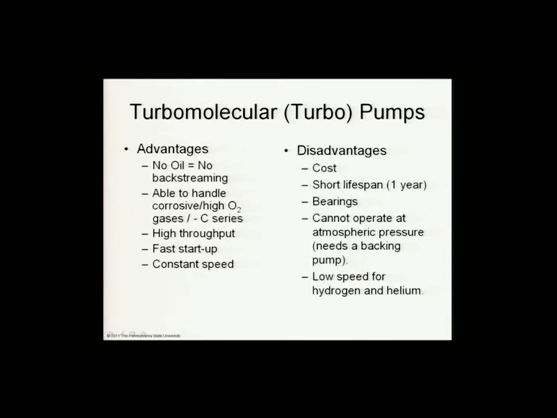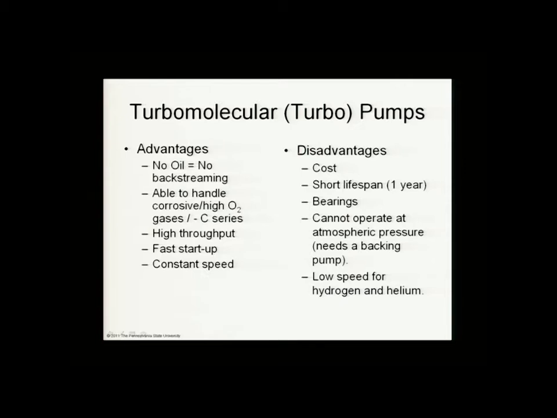Disadvantages, they're not cheap. They have a short lifespan. Imagine something that is working on these blades flying around at 40,000 RPM, and you can see why lifespan can be an issue. Bearings are an issue. They cannot operate at atmospheric pressure.